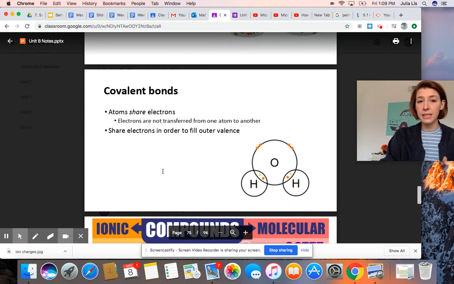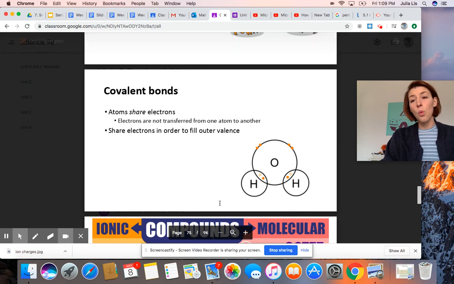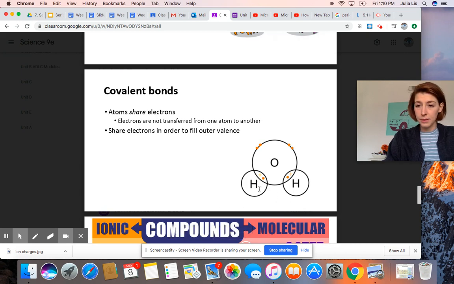So here you can see a covalent bond. Water is a good example of a molecular compound. Water has two hydrogen atoms. Okay, so they both each have one electron on its outer valence. Both of these atoms are going to want to gain an electron so that they have two on their outer ring.